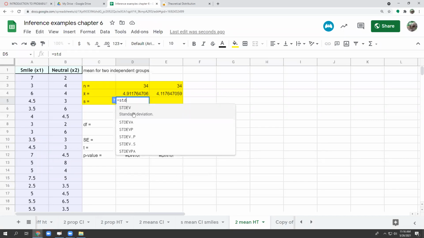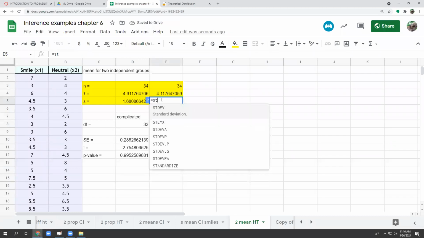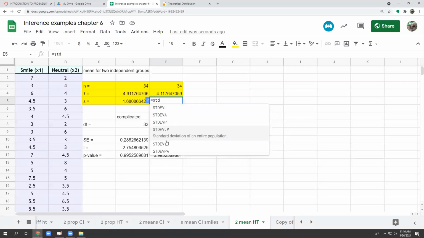The STDEV one works fine unless you copy this over to Excel, where the preference is STDEV.S, which is the one I usually use. Never, ever, ever pretty much use the population version because we almost never have a population. All the numbers, same thing for the other column.